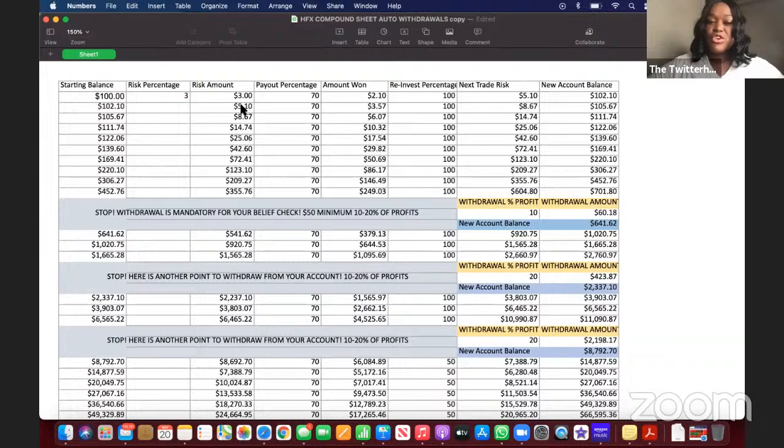So you risk $5.10, you gain $3.57, and that's $8.67 total that you will now have. It just goes on and on like that. Does anybody have any questions before I move further?